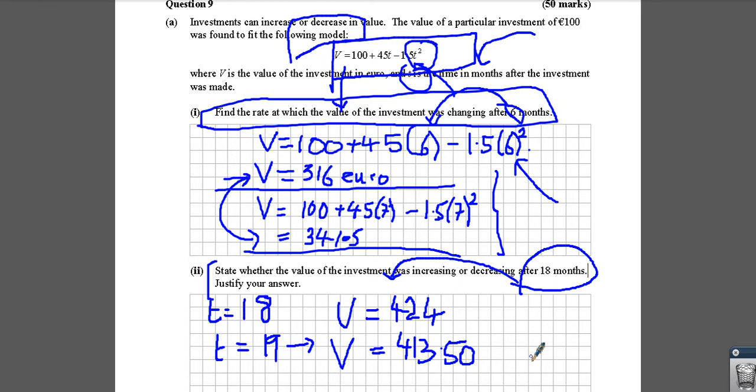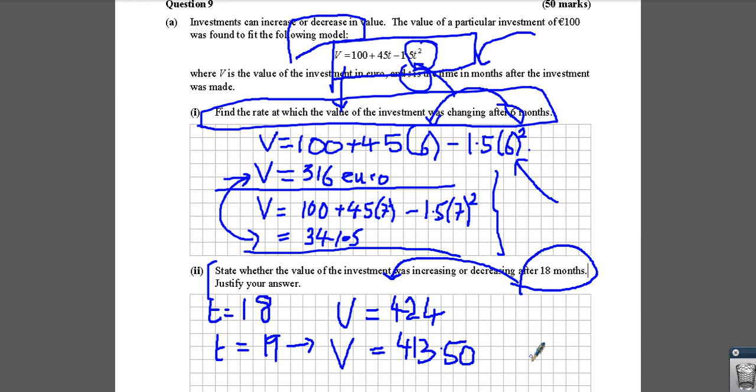In this question, what you wanted to know is, what does rate mean? Rate means how the investment was changing. The only way you could figure it out was to see how much you have at 6 months and at 7 months, and see how much it has changed. Then you checked how much you had at 18 months and at 19 months, and saw how much it had changed.